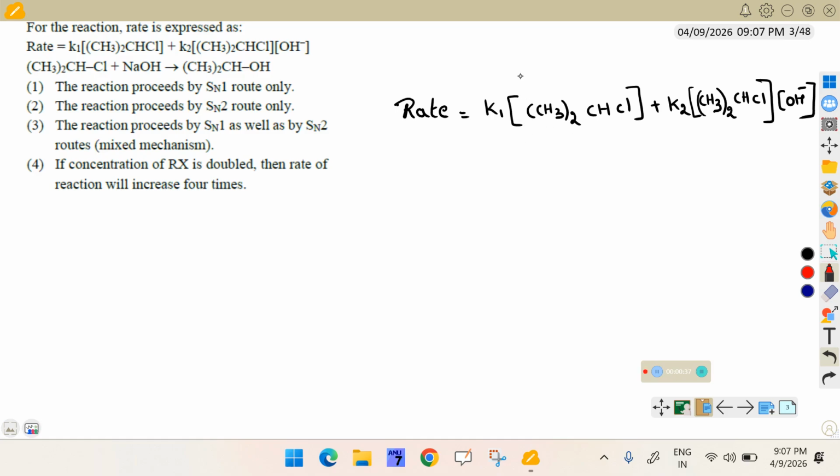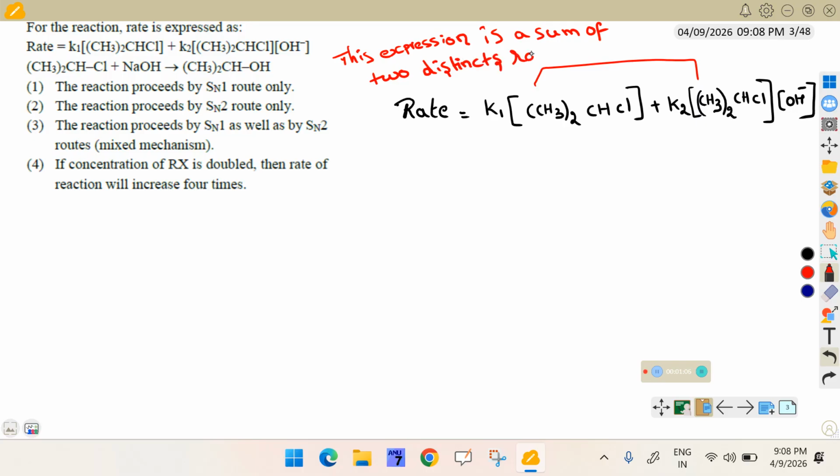First of all, this rate expression is a sum of two distinct rate terms.